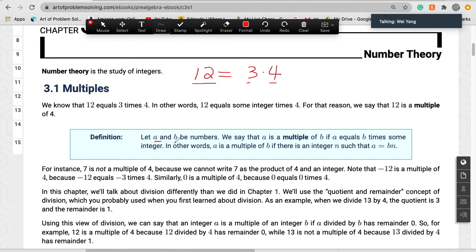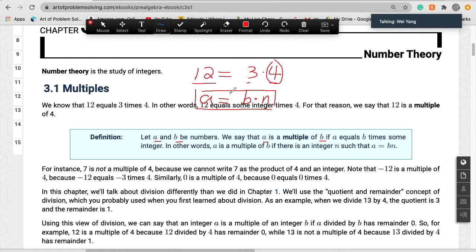Suppose you have two numbers, A and B. If we say A is a multiple of B, that means you can find another number n such that n times B gives you A. This is the definition of a multiple of B. See here, if I ask you whether 12 is a multiple of 3, we find 4 times 3 equals 12.